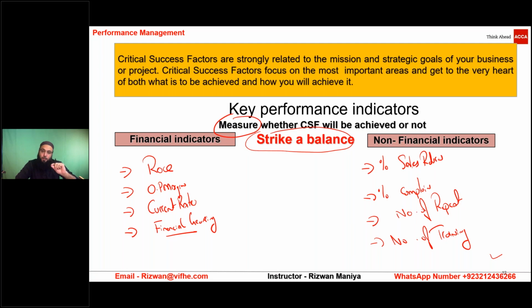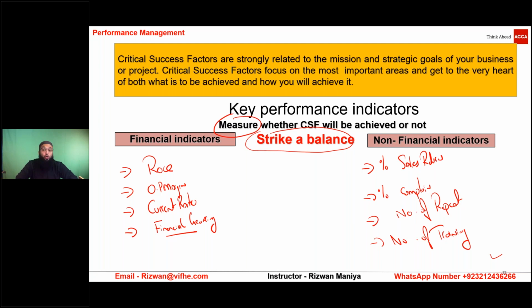Because if customers are happy, if there are fewer complaints, fewer sales returns, more repeat customers, if your process is very fast, and if you're developing the skills of your employees, all these things will improve your quality. And if your quality is good, your future is secured.